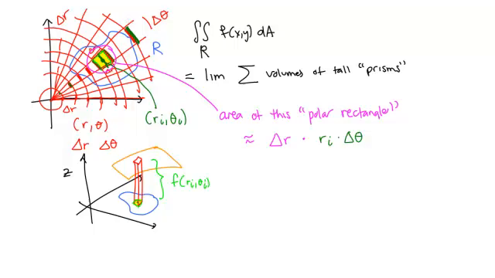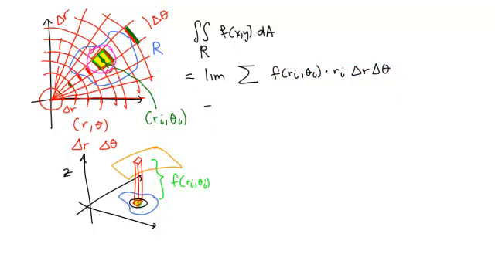And so if I put all of this information together right here, what are the volumes of a tall prism? Well, the volume of a tall prism is going to be the height of the prism, f of Ri theta i, times the area of the shape in the base, which is going to be approximately Ri times delta R times delta theta.